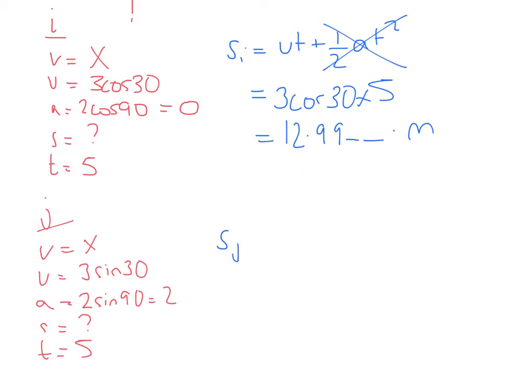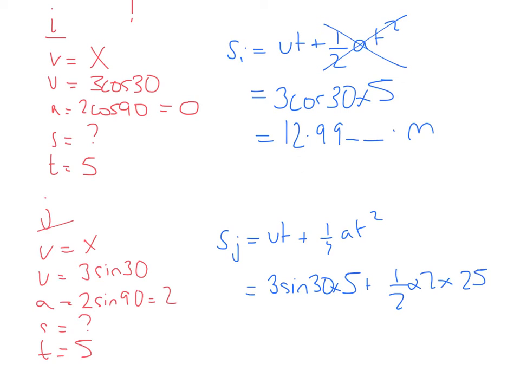Unfortunately, we can't get rid of this second term this time, which would be nice, but we can't. So we've got 3 sine 30 times by 5 plus half times 2 times 25, or 5 squared. And if you put those into your calculator, you should come up with 32.50 blah blah blah meters.